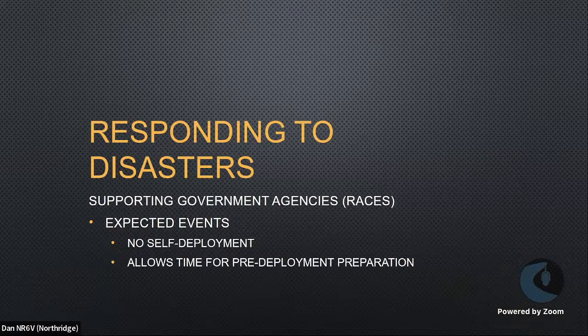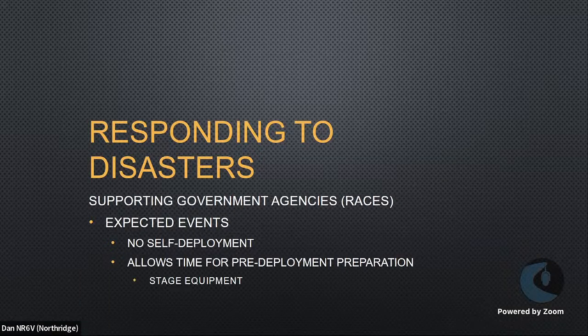I'm talking about specific preparation for that event. That might be in the form of staging equipment, assigning members, and that would relate not only to that initial response, but also to putting folks on notice that we're holding you back for deployment period 2 or 3, and where we're going to send you.